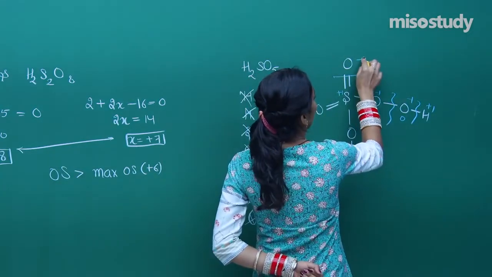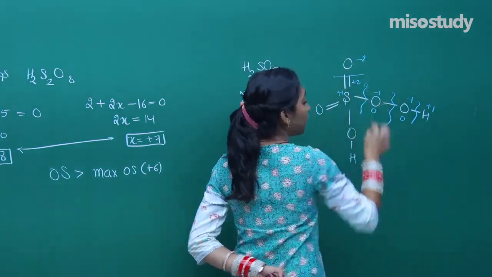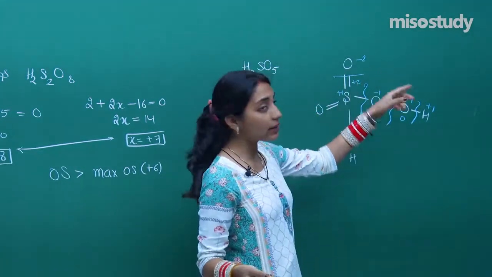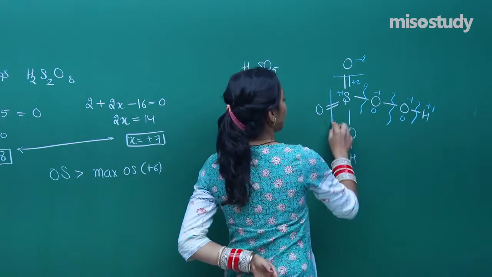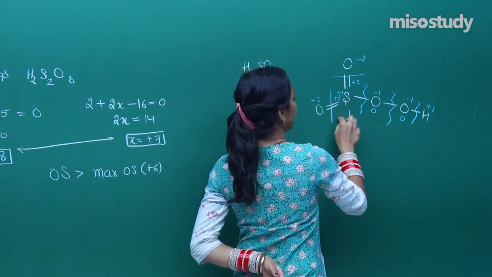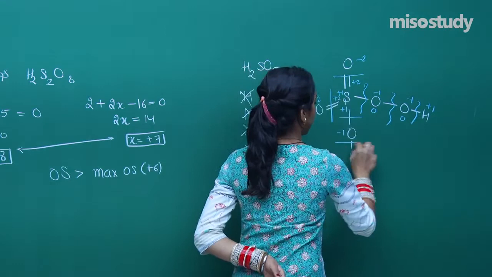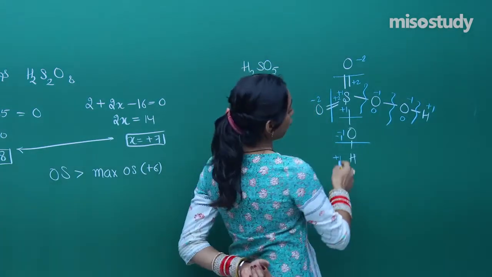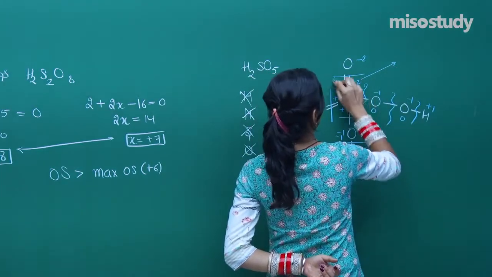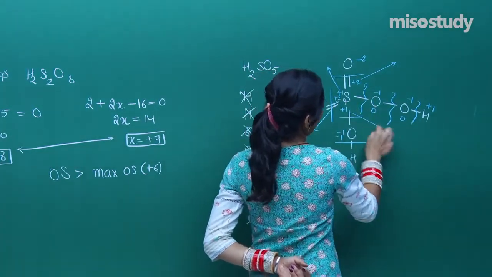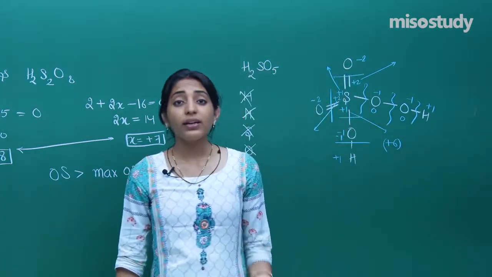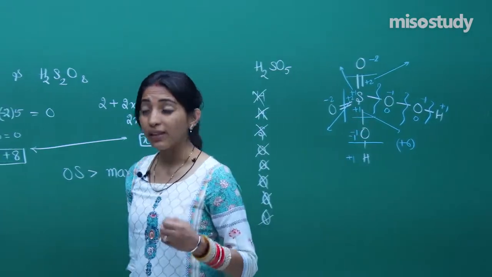Break this, so minus 2, and like with breakage of each single bond you will get plus 1 minus 1. So 2 bonds are there, so plus 2 minus 2. So once again, minus 2 plus 2, plus 1 minus 1, plus 1 minus 1. Now if I ask you to calculate the total charge on sulfur, it is 2 plus 1 3 plus 2 5 plus 1 6. So the oxidation state of sulfur in H2SO5 is plus 6.